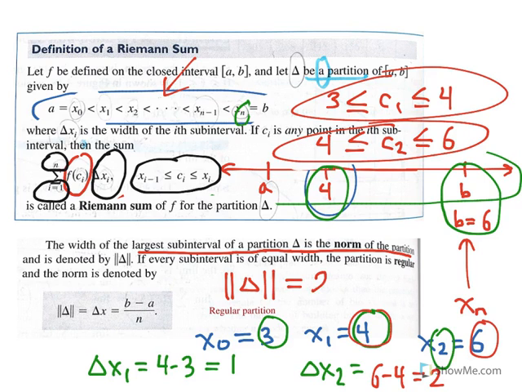So for my example, I would write that the norm of my partition is 2. And if every subinterval is of equal width, we say we have a regular partition. We don't have that in my example.